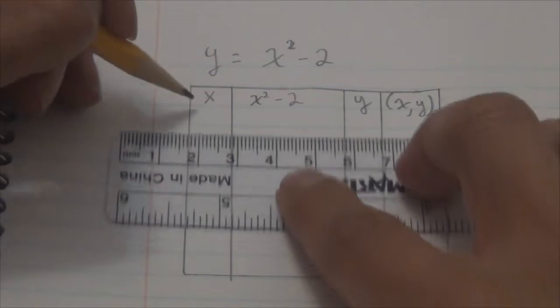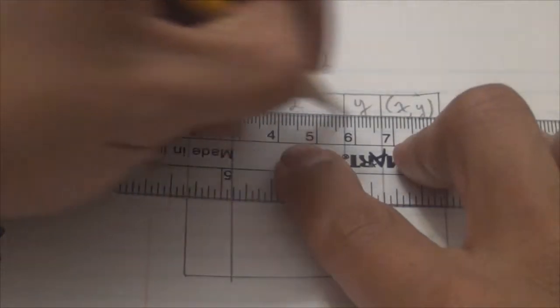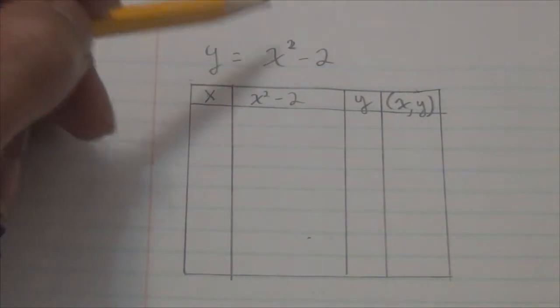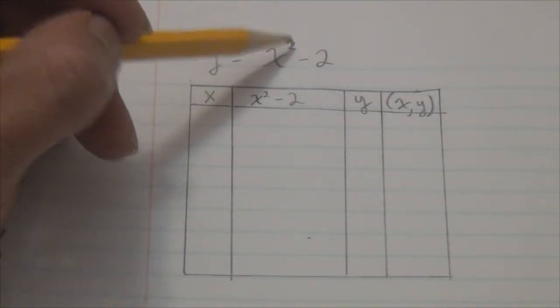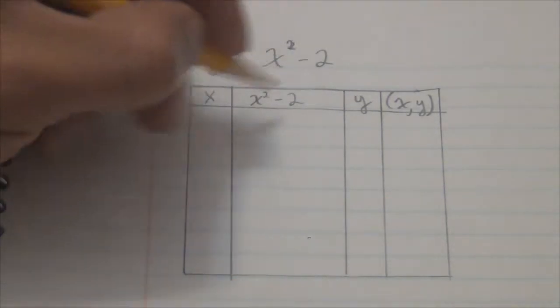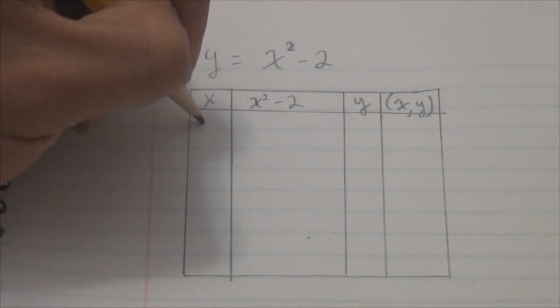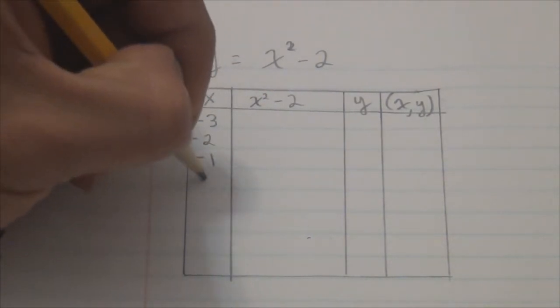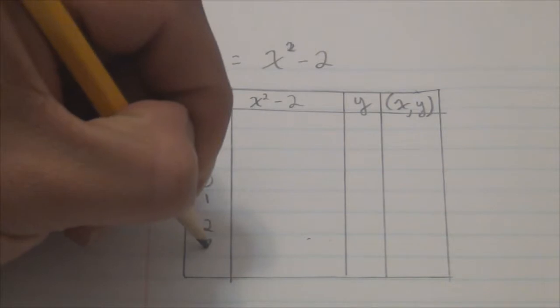So now we're gonna give values. Now this is a quadratic function because the highest exponent is a 2, so it's x squared, quadratic function. So usually we give values, we start at -3, -2, -1, 0, 1, 2, and 3.